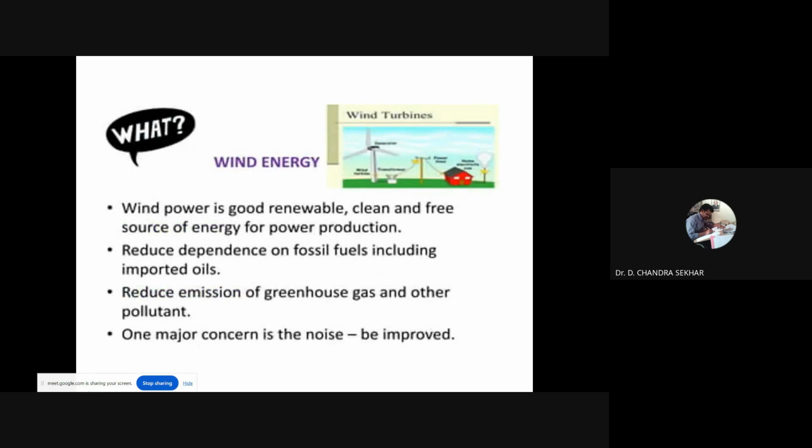And wind energy. Wind power is a good renewable, clean and free source of energy for power production. It reduces dependence on fossil fuels, including imported oils, and reduces emissions of greenhouse gases and other pollutants. One major concern is the noise, which can be improved.